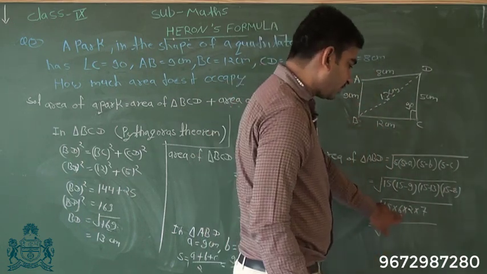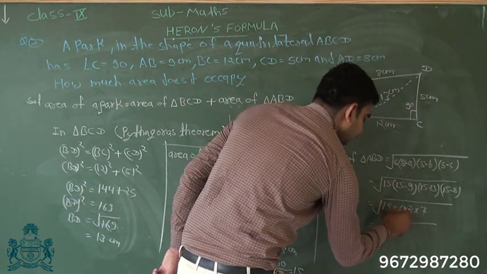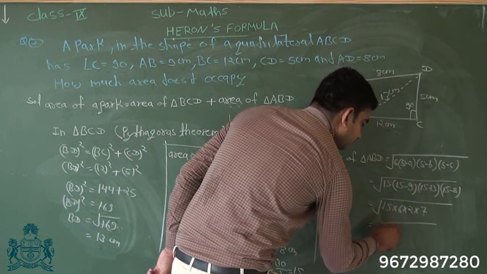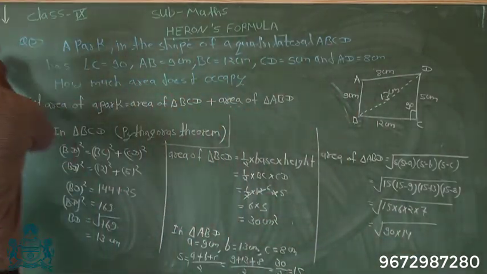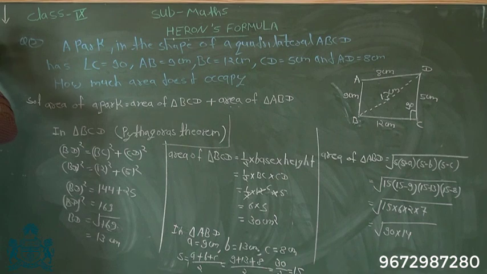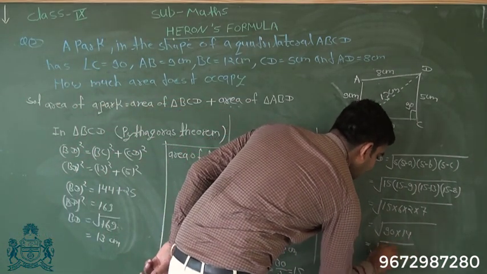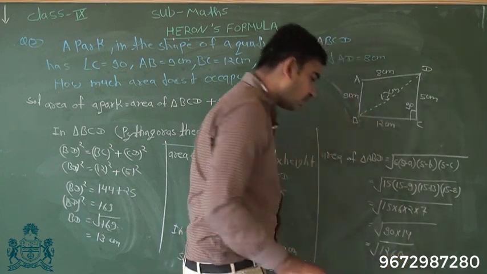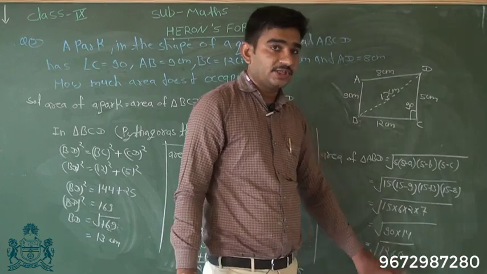Multiplying, 6 times 2 is 12, and 15 times 6 is 90, so 90 into 7 times 2, 14. 90 into 14 is the square root of 1260.